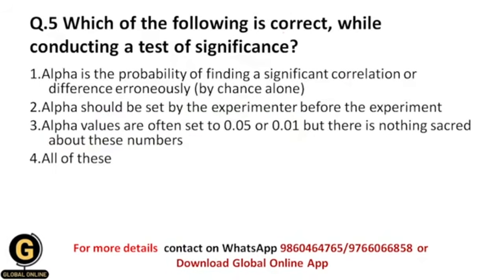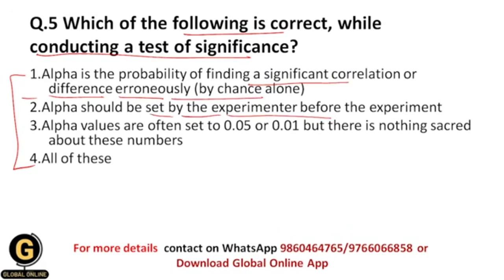Which of the following is correct while conducting a test of significance? So whenever I am doing a test of significance, which of these following options are correct? Alpha is the probability of finding a significant correlation or difference erroneously by chance alone. Alpha should be set by the experimenter before the experiment.